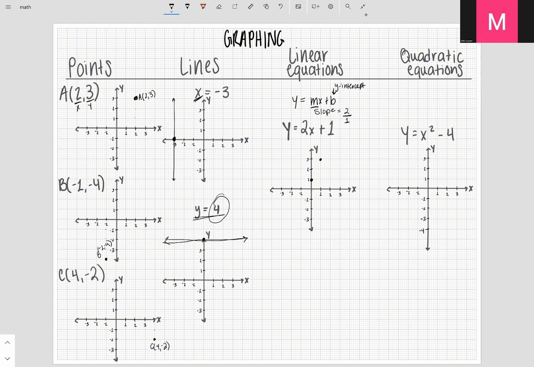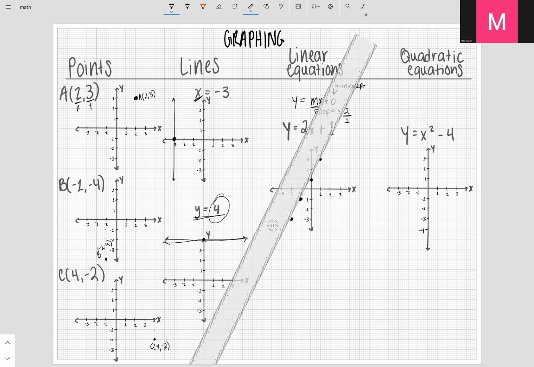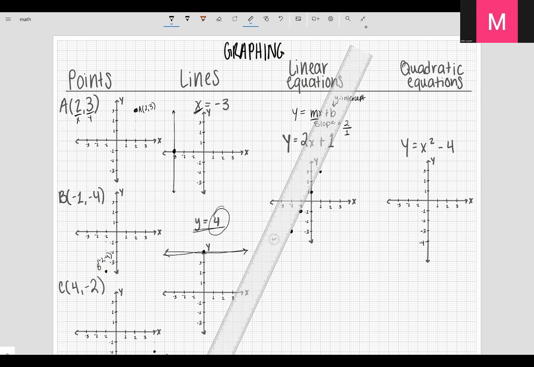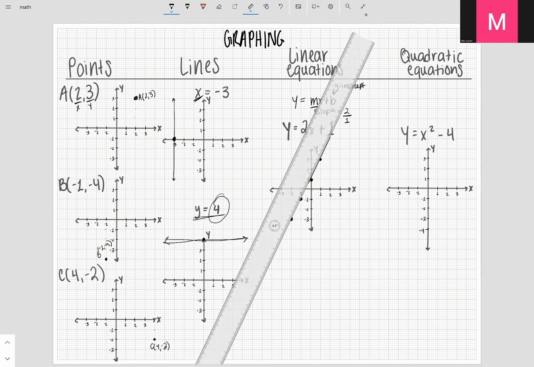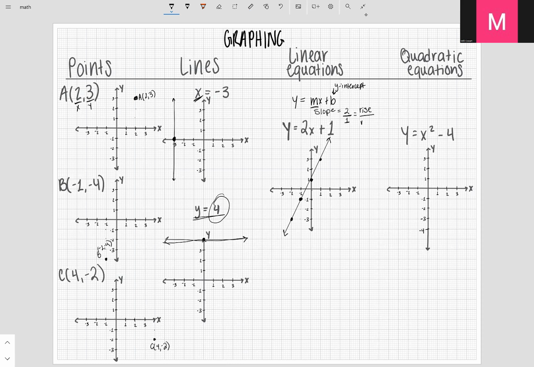We'll go down 2 and back 1, down 2 and back 1. And you can remember this as rise over run.